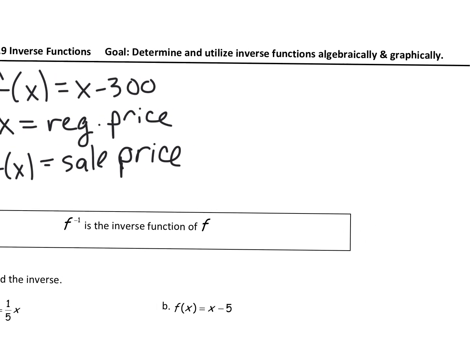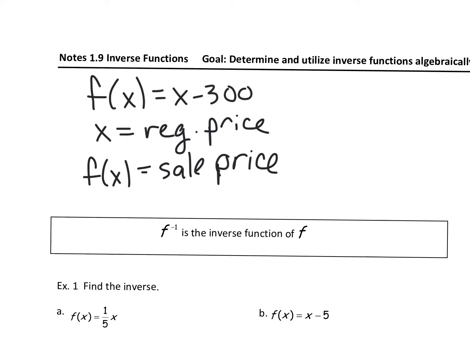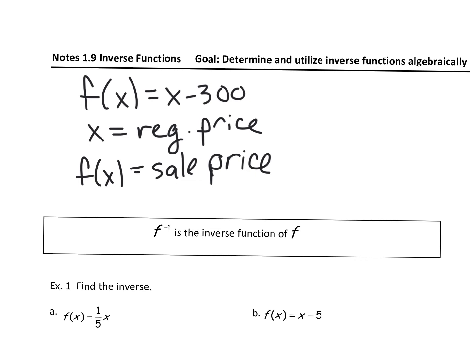Now let's come up with another function where we interchange the input and the output. So instead of our regular price being our input, now the input is the sale price, with the same relationship that the sale price is 300 less. Therefore, if I'm given the sale price originally and I want to get the regular price, I'm going to add 300.